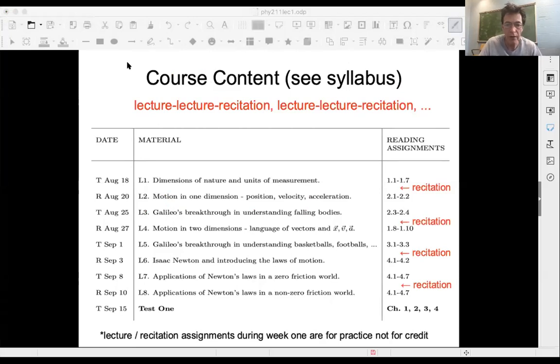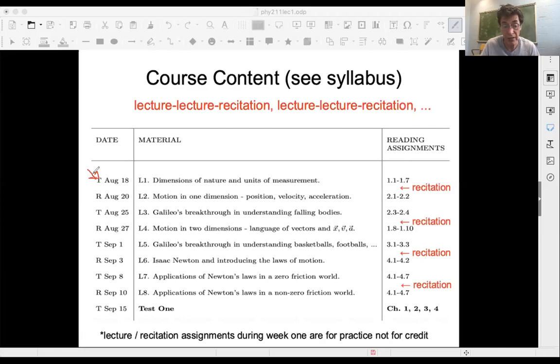So for lecture 1, as I said, the physics content that we're going to discuss is dimensions of nature and units of measurement. So you see that there as a lecture 1 item. And then you see the following lectures, lecture 2, 3, 4, and so on, as we work our way through August and September.